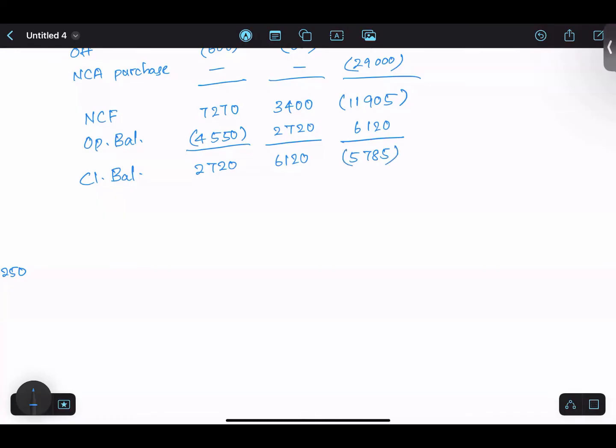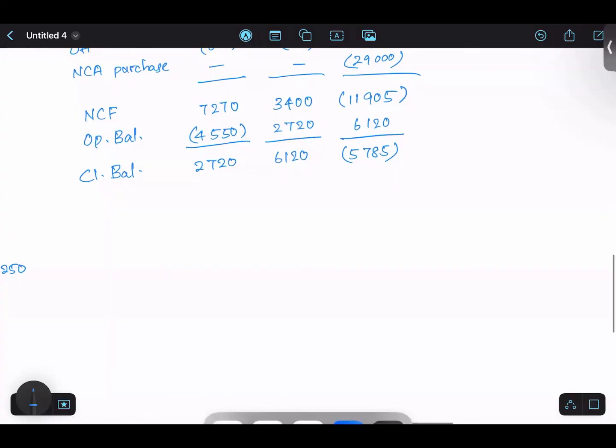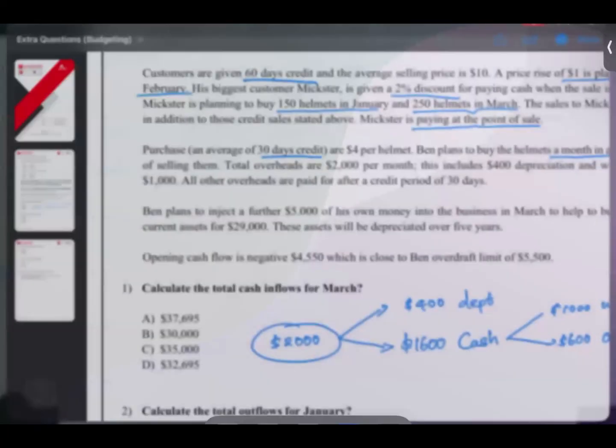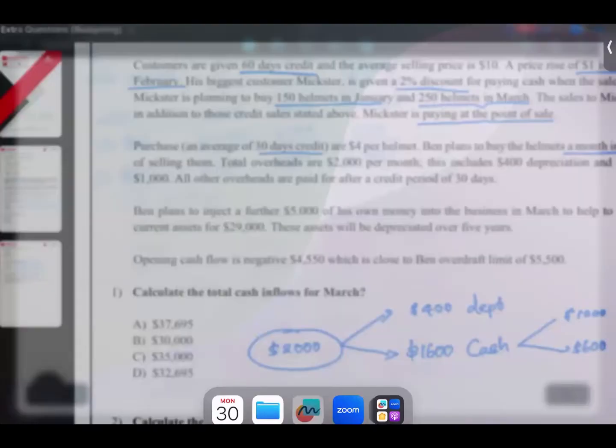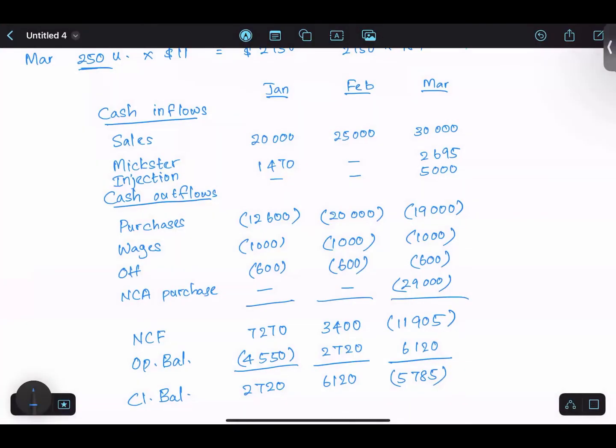So this is a problem in this organization because Ben has an overdraft limit of 5,500, but his budgeted cash forecast is exceeding the limit and going up to 5,785. So he needs to talk with the bank in order to increase the overdraft limit. If not, he needs to compromise on some of the cash outflows. He needs to postpone it. So in order to stick with the bank's policy, he needs to take the proper action.